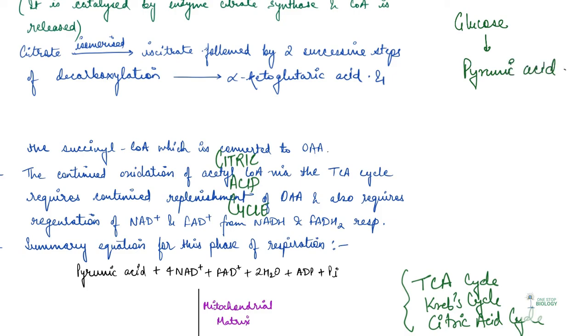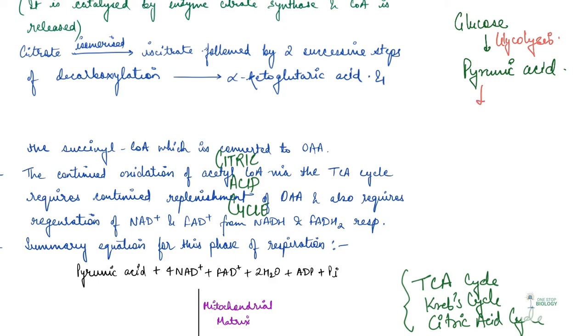This process is glycolysis, right? Then we saw, so basically when glucose is broken down, it releases carbon dioxide and 8 molecules of NADH plus H plus and 2 molecules of FADH2, right? Now this is complete and this has been synthesized besides 2 molecules of ATP in the tricarboxylic acid cycle as well.